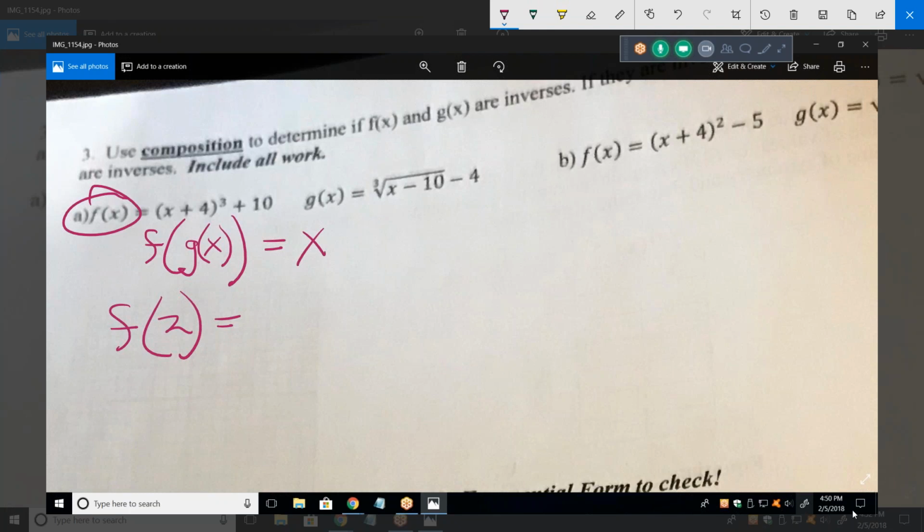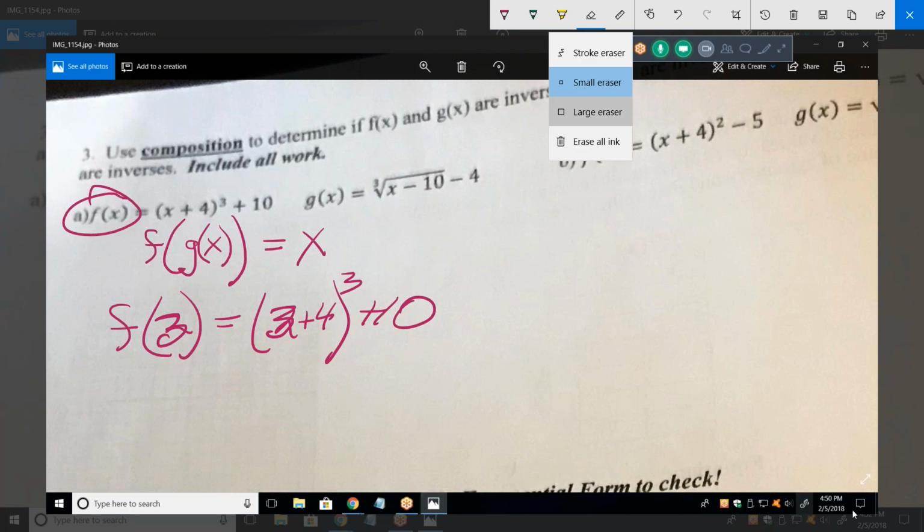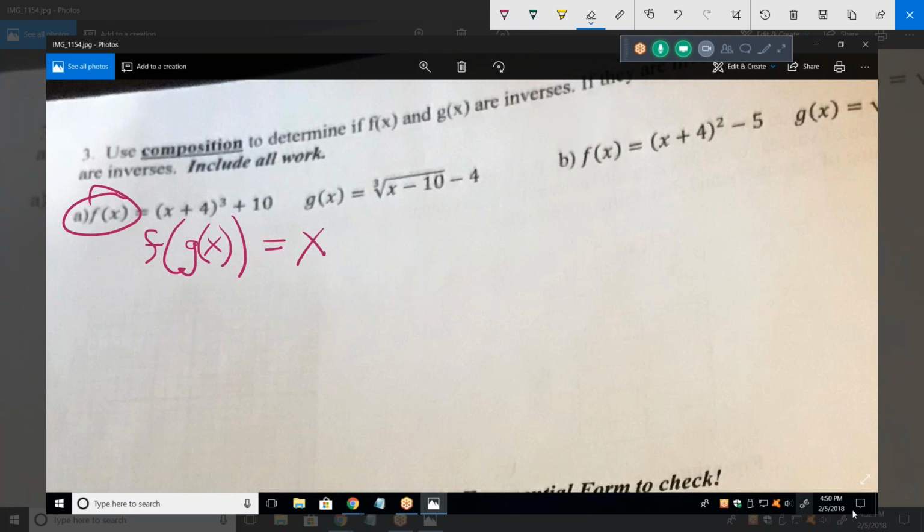For x. Correct. In other words, it's 2 plus 4 cubed plus 10. So the rule is that whatever is in the parentheses, you plug in for x. If I just said f of 3, then I plug in 3 there. You with me? Yeah. Okay. That is most important, that you understand that.